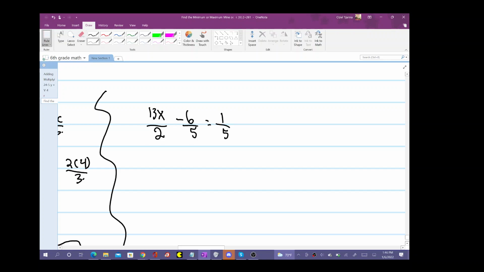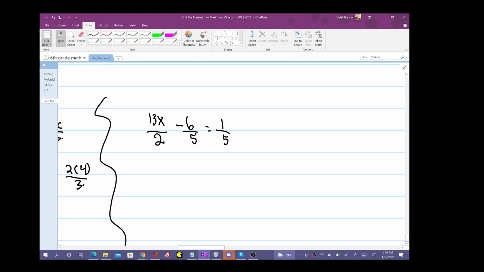So this becomes, so we can do cross multiplication here. Basically a over b plus or minus c over d equals ad plus or minus bc all over bd.